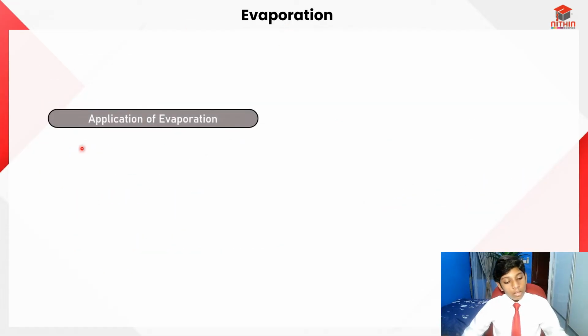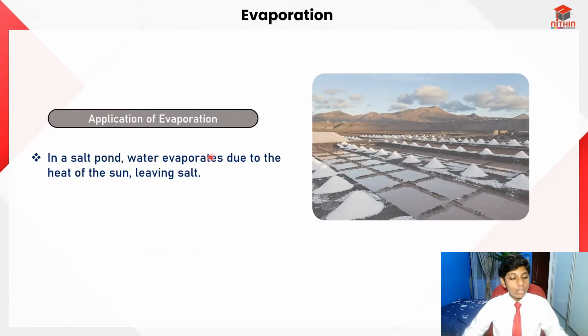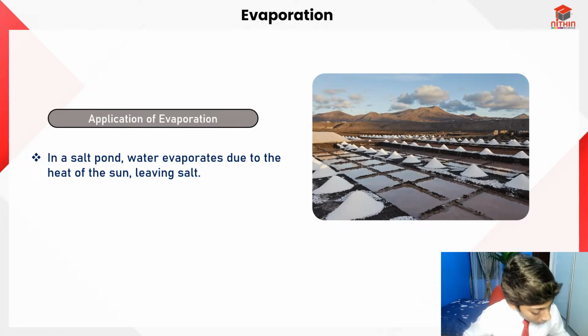Okay, next, application of evaporation. This is something that I hope you know. In a salt pond, do you know what a salt pond is? It's basically a pond where water evaporates due to the heat of the sun, leaving salt behind. People gather the salt water over here, they block it using this dirt, and then all the water evaporates, leaving salt behind in the form of hills.